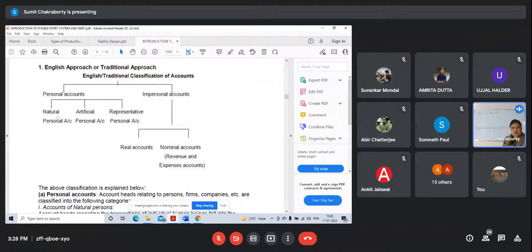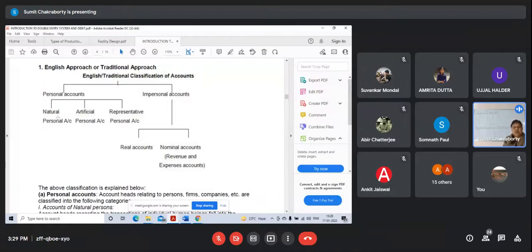So it's not the name of a person, but as if it's the name of a person. So artificially, the name of a company, or a group of any account has been shown as an artificial personal account.